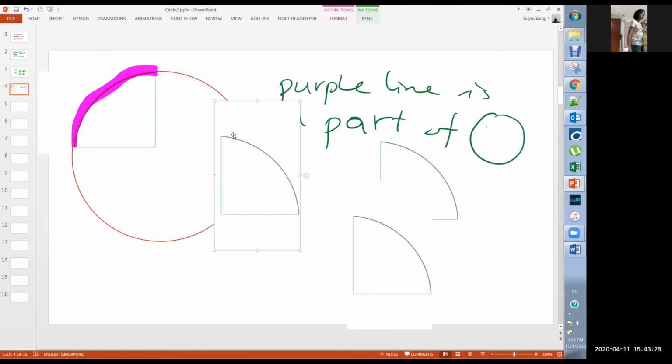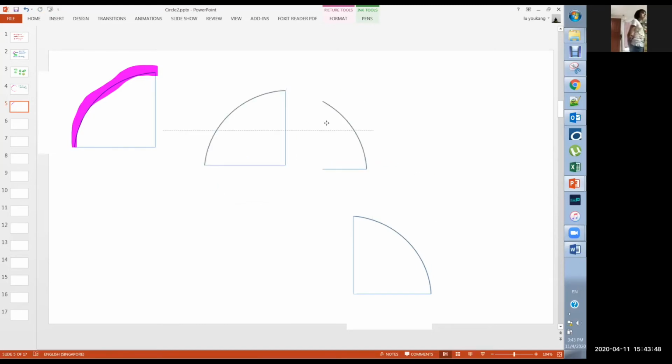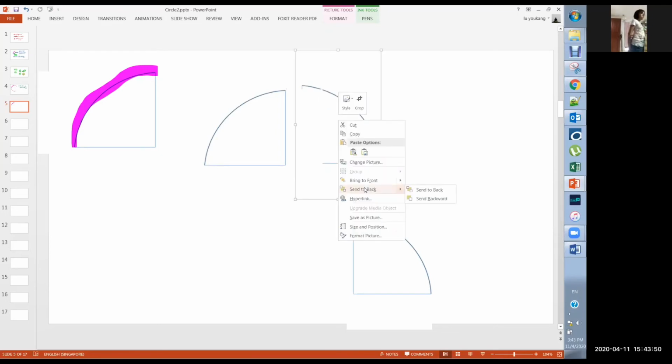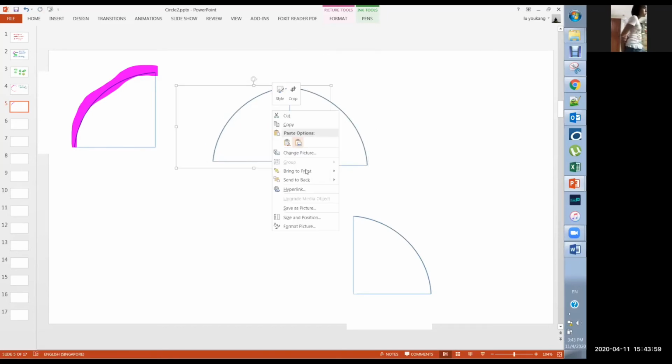So let me see if I can. Basically what I need to do is, this is one piece. Then this piece merges with this piece.